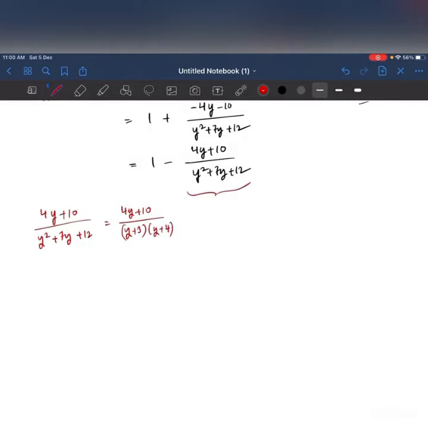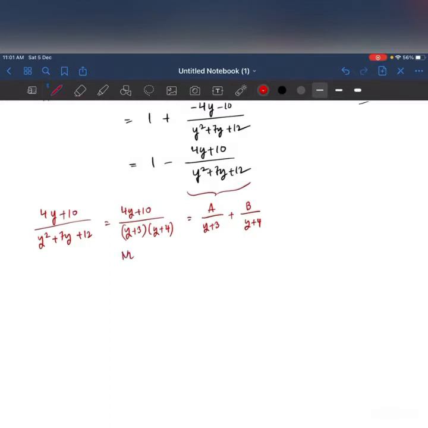Now by partial fractions, we can write this as a by y plus 3 plus b by y plus 4. Now we have to find the value of a and b.